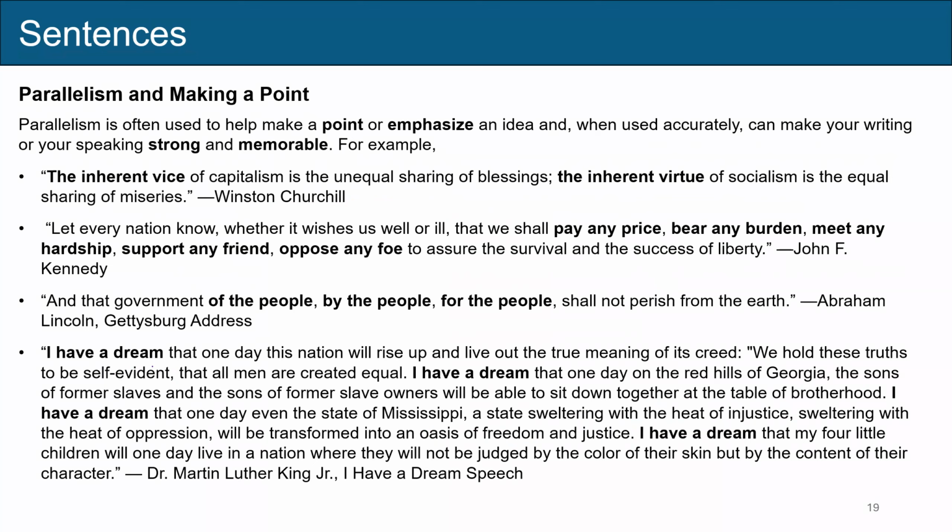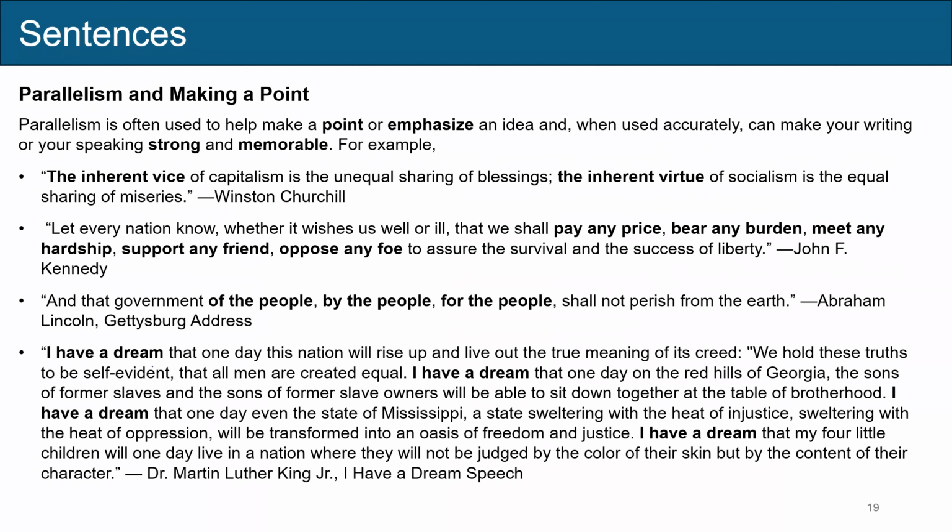Now, if you're a reader or if you like to listen to speeches or talks, good orators, good people who speak for a living, are very good at using parallelism. And this is also true of people who write as well. There's lots of examples of writing that use good parallel structures. And it's done to emphasize a point or to make things memorable.